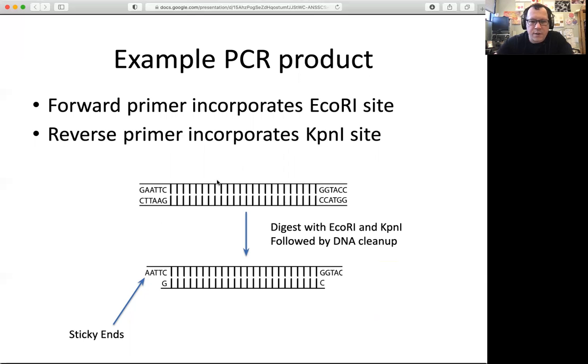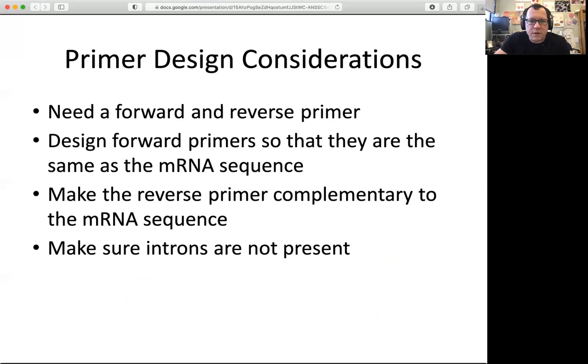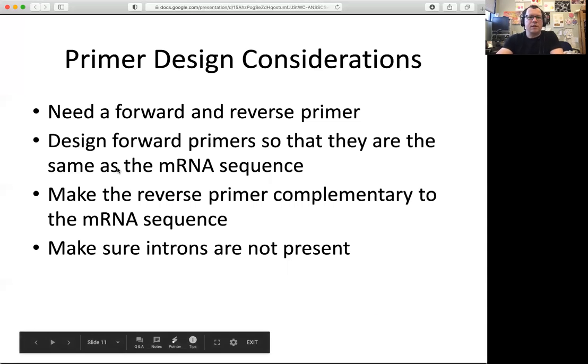The primers for last week were gene expression primers; we were just looking to see if the gene was expressed. Cloning primers have to incorporate these restriction sites into them. We also have to make sure that we're cloning the whole open reading frame and that we're not cloning the stop codon.